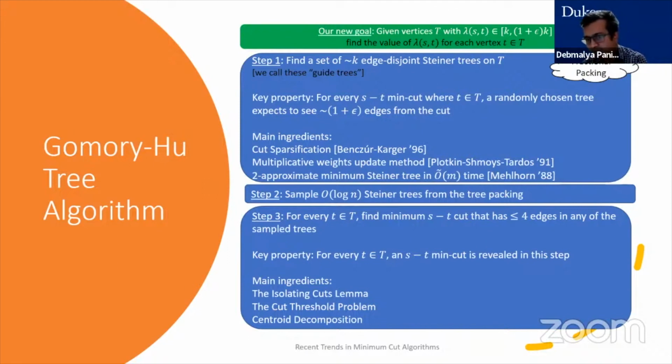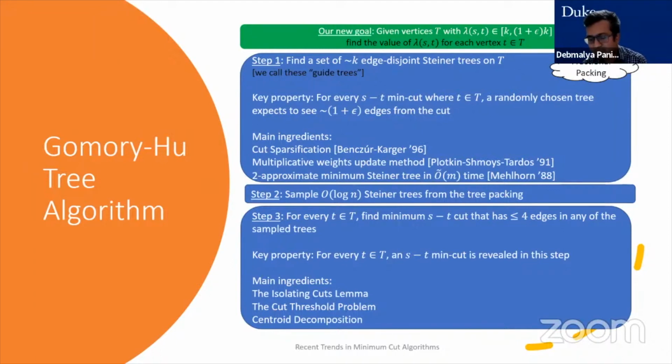By the property that in expectation I only expect to see 1 plus epsilon edges, if I can find the minimum cut with only 4 edges in this tree, that would reveal the actual minimum ST cut. The key property here is that an ST min cut is revealed in this step because the ST min cut satisfies this property that it's sparse in the tree. It has very few edges.